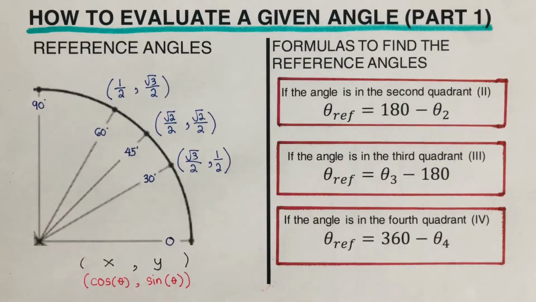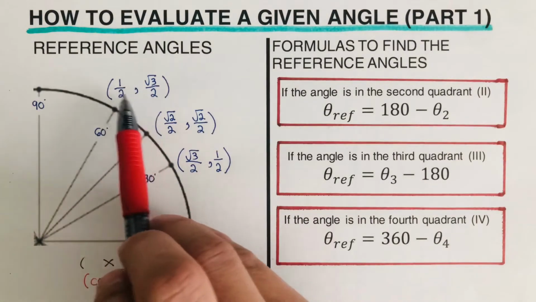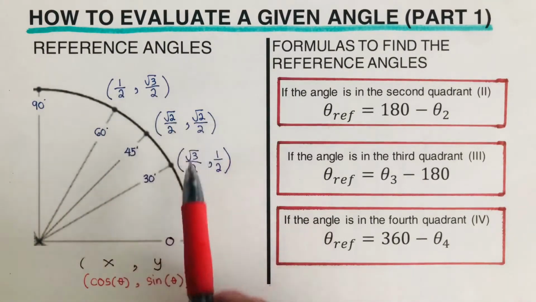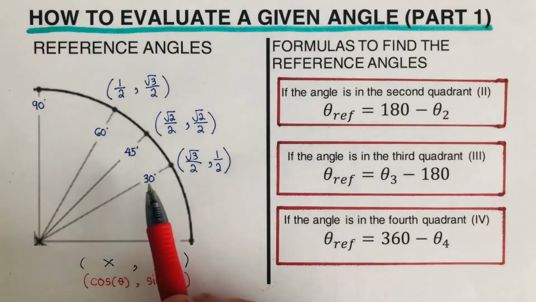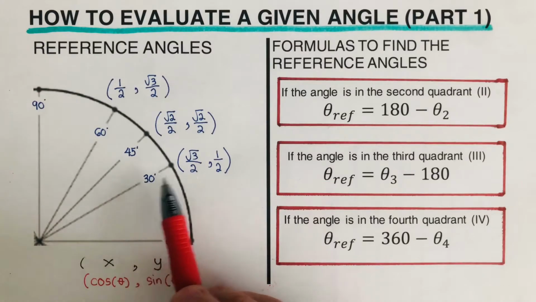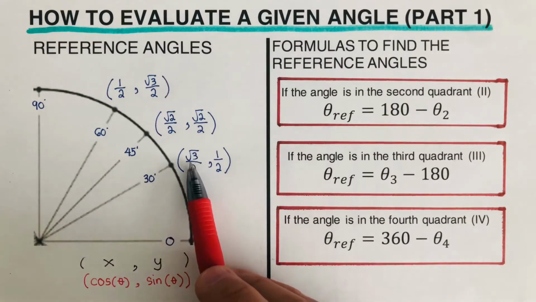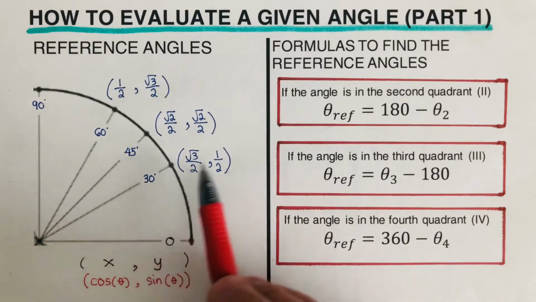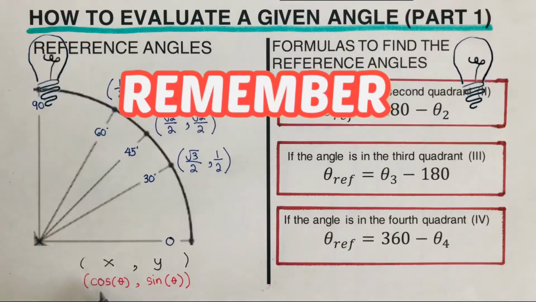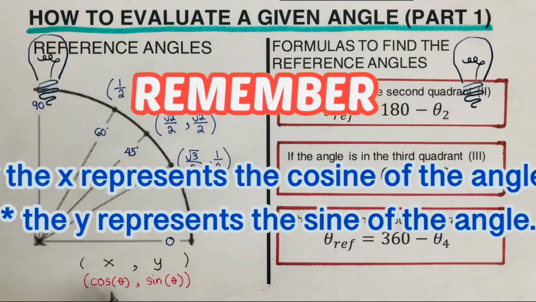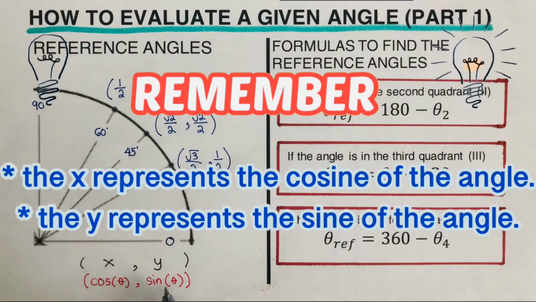Another important piece of information is that the coordinates x and y for each of these angles represent the cosine and the sine of the given angle. For example, if we have 30, the cosine of 30 is actually this value, and the sine of 30 is 1/2. Again, the x represents the cosine of that particular angle, and the y represents the sine.